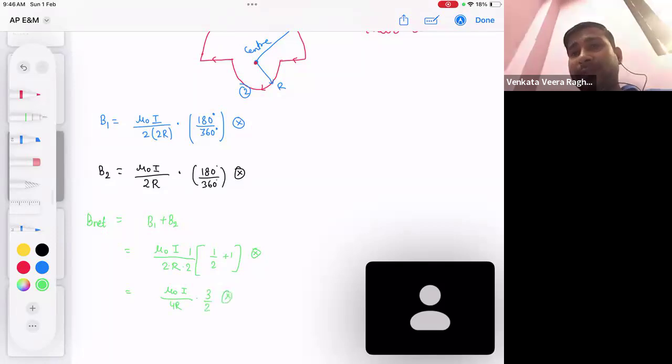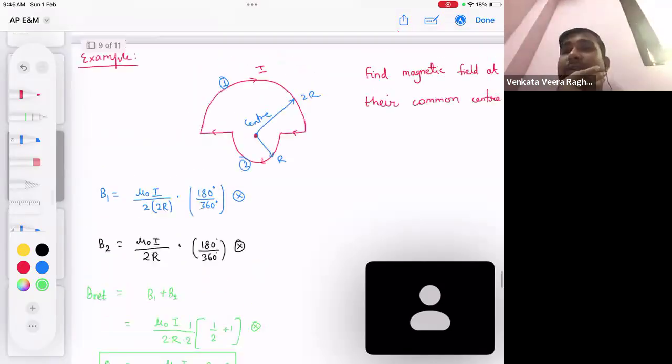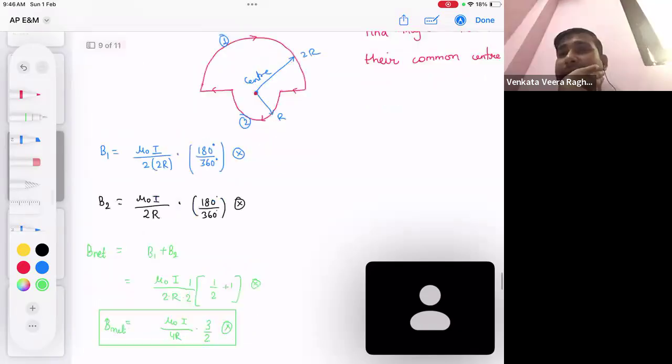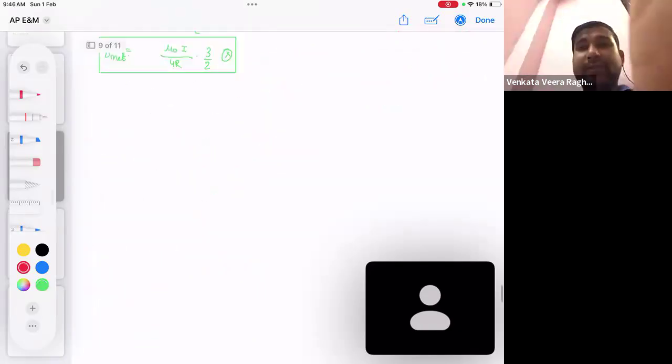That is the direction of the net magnetic field, into the plane, and the magnitude is mu naught I by 4r into 3 by 2. Clear? So this is the case of a combination of straight and circular sections. Let's discuss another example of straight and circular sections.